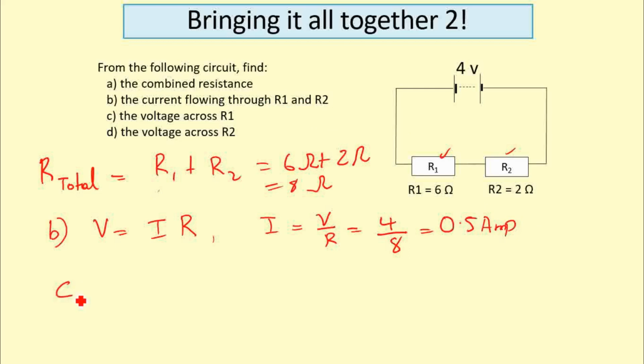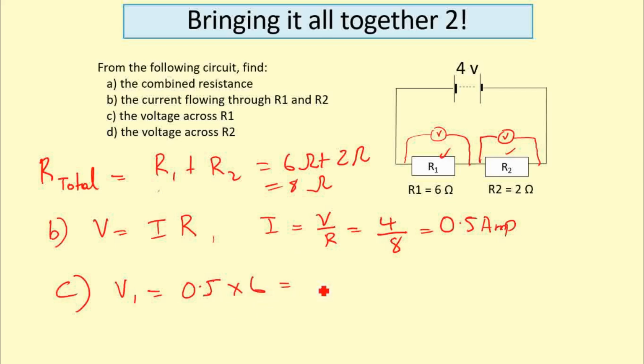And then next up we need to find the voltage across here. If we put a voltmeter there, what's the voltage across R1? And if we put a voltmeter there, what's the voltage across R2? Let's look at the voltage across R1. Let's call that V1. We know the current, which is 0.5, and we know the resistance, which is 6.